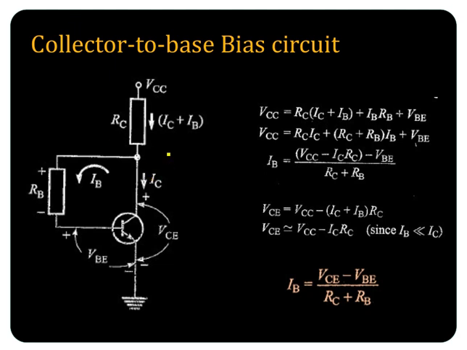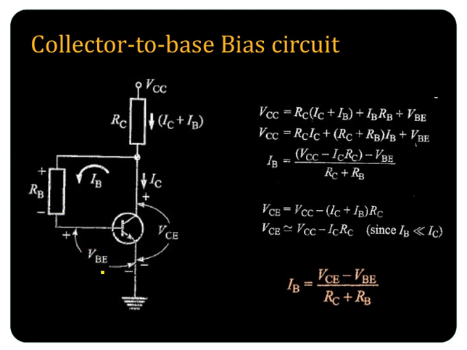So let us form the equations for collector to base bias circuit. VCC equal to RC into IB plus IC, that is the drop across RC, plus IBRB. Along this, IB is flowing in this direction. So the input side, if you form the Kirchhoff's voltage law equation, you get IBRB term here and plus VBE.